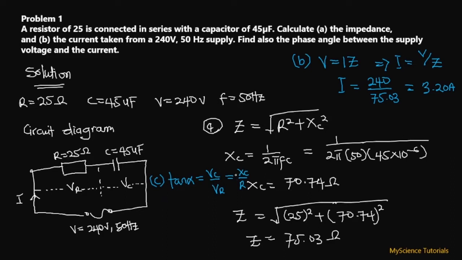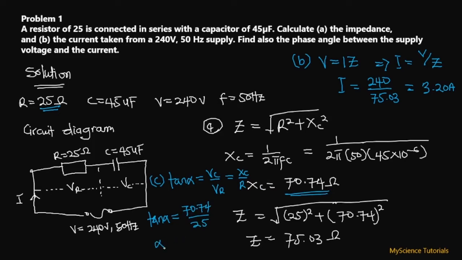We can just use XC, the capacitive reactance which we found earlier, and the resistance of the resistor, which is given as 25. So tan of the phase angle is equal to 70.74 divided by 25.